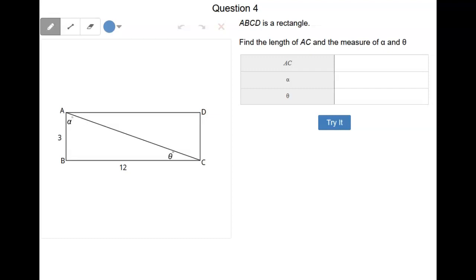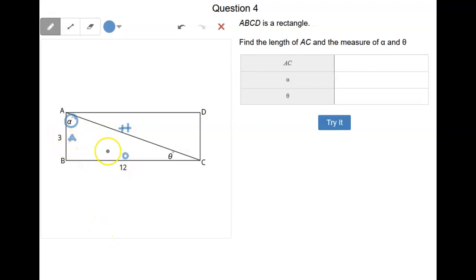So in order to use trig, though, we have to figure out either alpha or theta first. So let's start off with that. If we have alpha up here, then that means that this is our hypotenuse. Across from alpha is the opposite, and next to alpha is the adjacent.